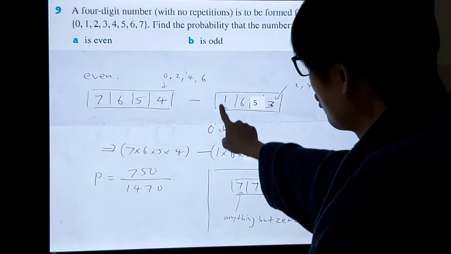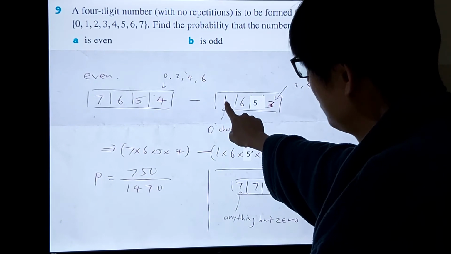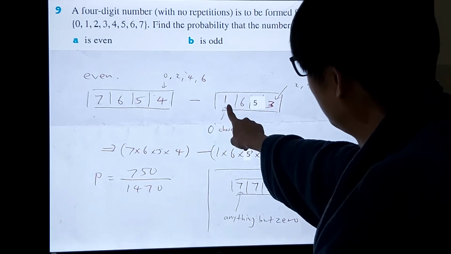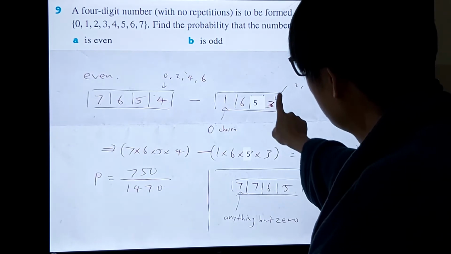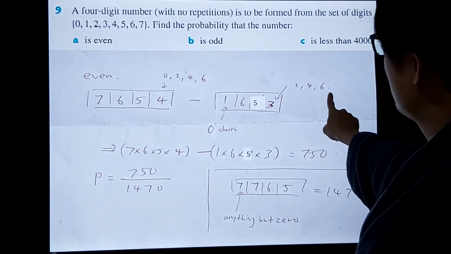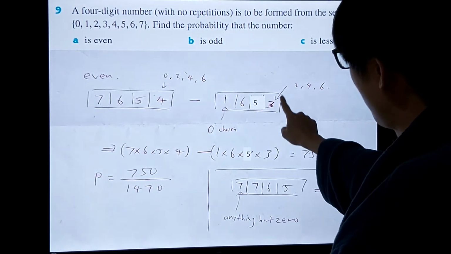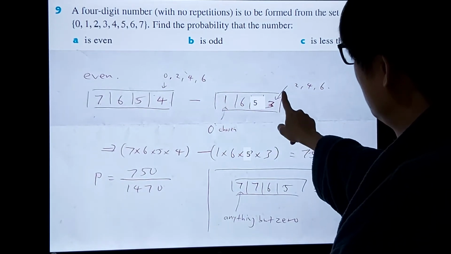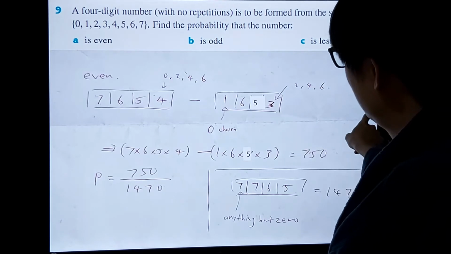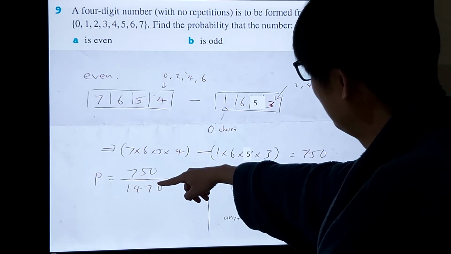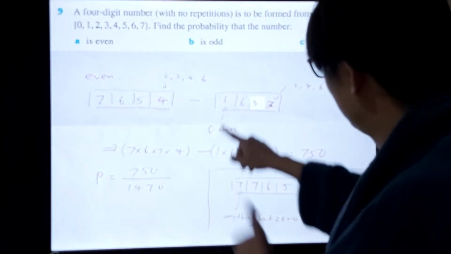So if 0 is chosen over here, it's 1 possibility, right? And for the last digit, you're left with 2, 4, 6 because 0 is chosen already, so 3. Taken 1, you're left with 6, then 5.